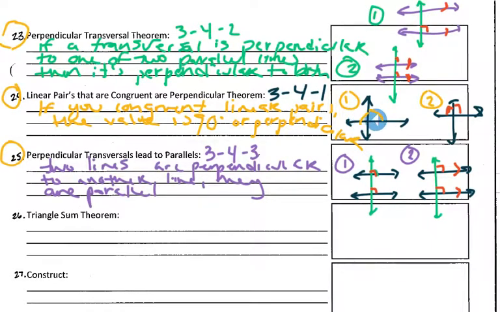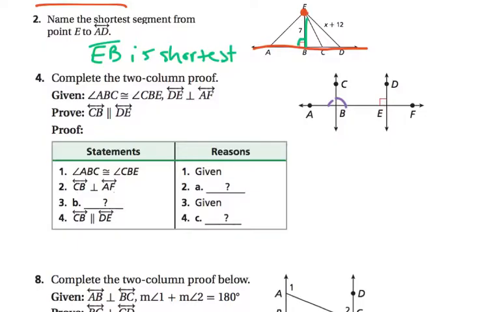Notice I'm drawing these two same angle pieces, so we're probably going to end up using, or actually in this case proving, the linear pairs that are congruent are perpendicular theorem. Alright, so they're also telling us that DE is perpendicular to AF, so DE, that vertical line, is perpendicular to AF, which is given by that box.